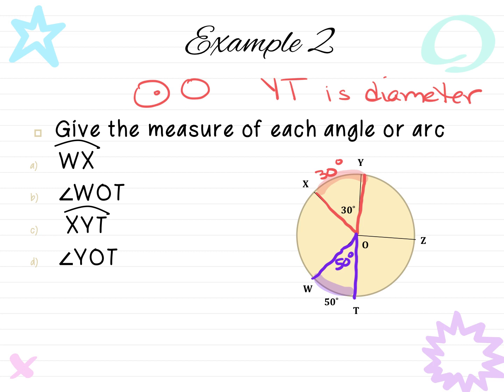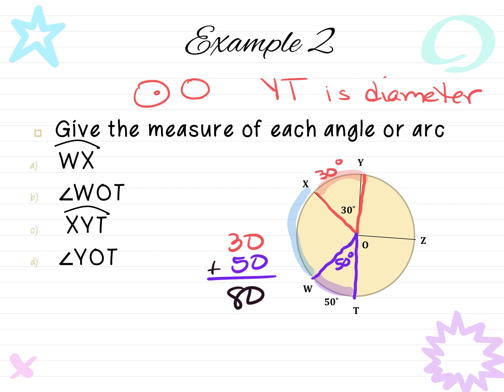So now it wants me to find WX. Well, WX is over here. Now I was told that YT was the diameter. So I know that the diameter is going to form a semicircle arc. And I know a semicircle arc is 180. So in order to find XW, I'm going to add 30 plus 50 and subtract that sum from 180.